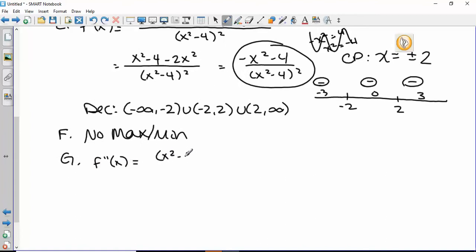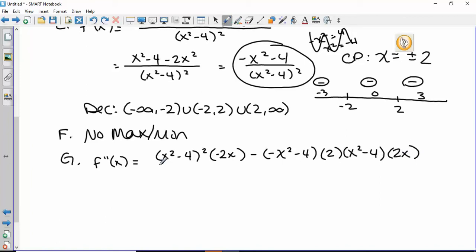So low, d high, derivative of the top, -2x, minus high, d low. So the 2 comes down, inside stays the same, subtract 1 from the power, times derivative of the inside, over low squared. So now it's to the 4th.